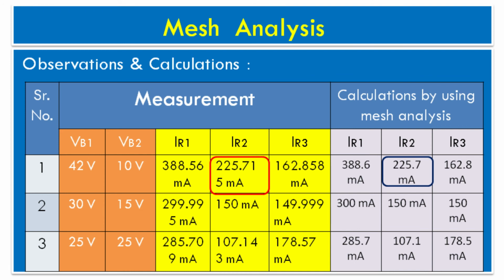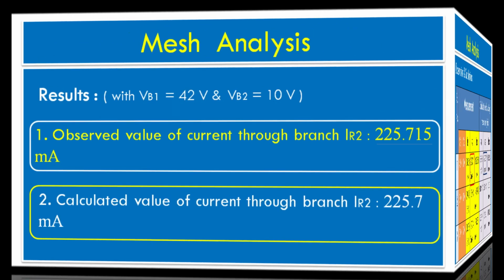We selected various ranges of DC voltage sources VB1 and VB2 and measured loop currents IR1, IR2 and IR3 respectively. For calculations of loop currents, refer to the link given in the description on mesh analysis. Now write down the results.